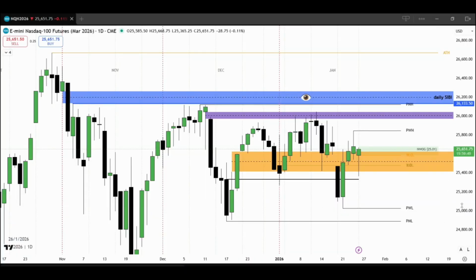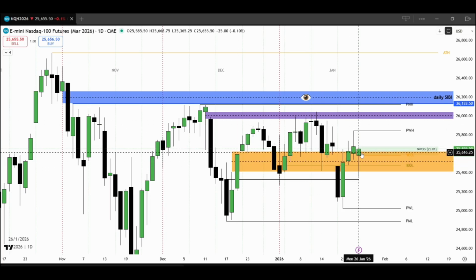All right, here we are on the E-mini Nasdaq 100 futures March 2026 contract on the daily time frame. And as you guys can see, we had an initial close lower underneath this BISI to reach a certain discount here that I called in the last weekly outlook series that I'll be going over as well.